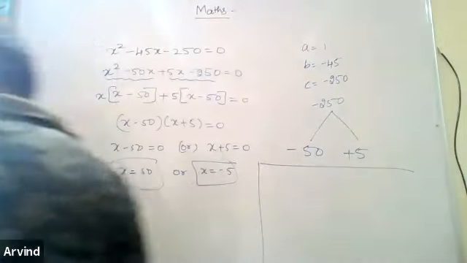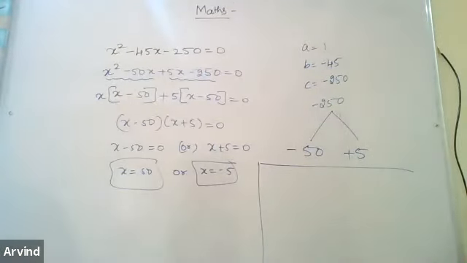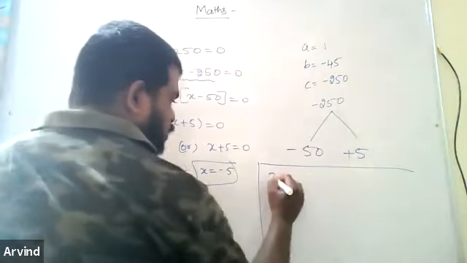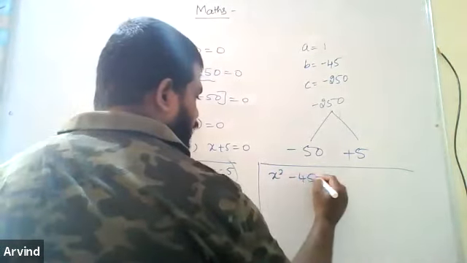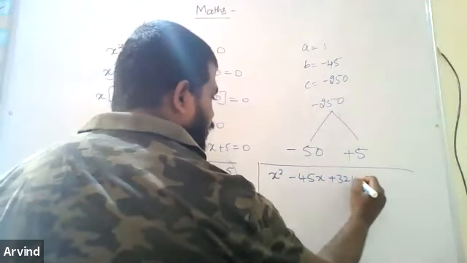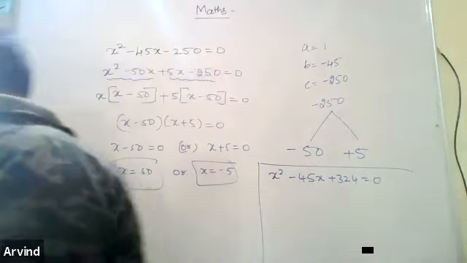Write it out. x square minus 45x plus 324 equal to 0.